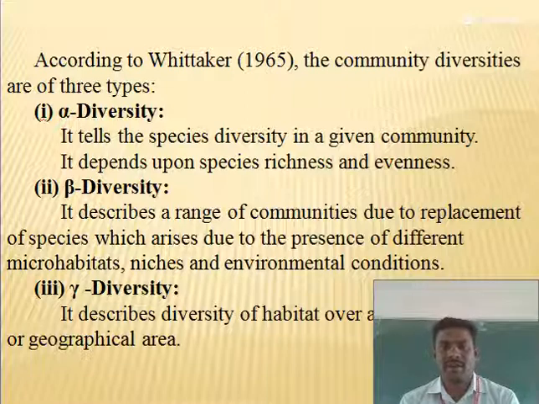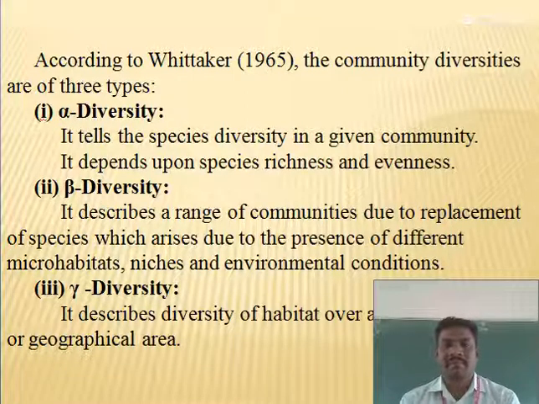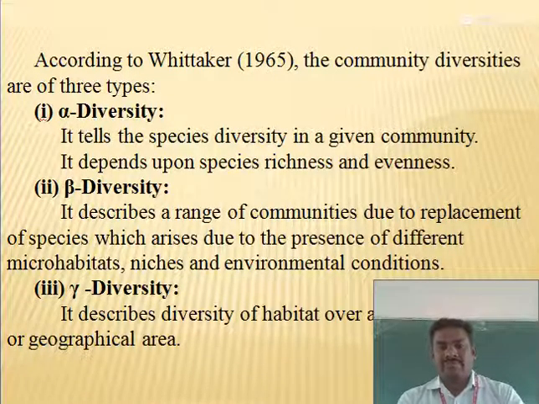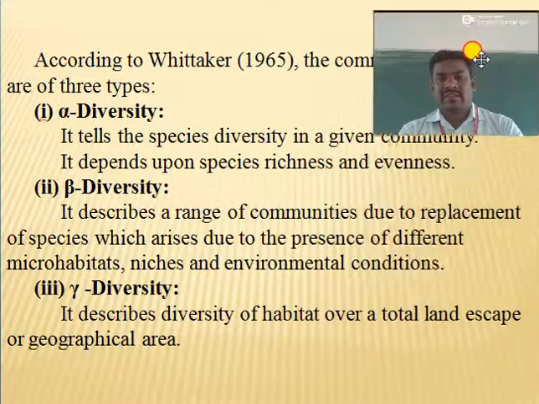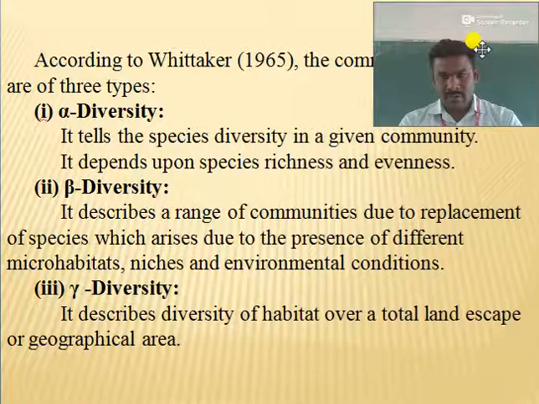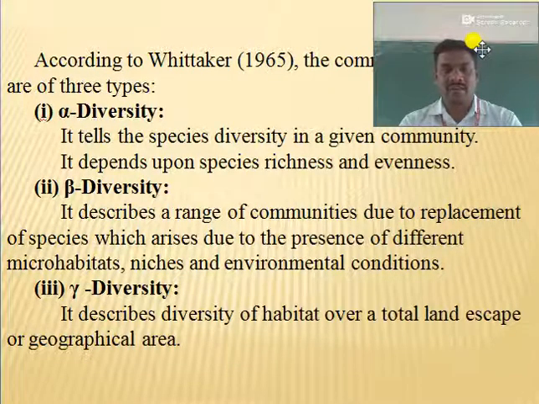It describes the range of community change due to replacement of species, which arises due to the presence of different microhabitat, niche, and environment condition. Third one is gamma diversity, that describes the diversity of habitat over a large landscape or geographical area.